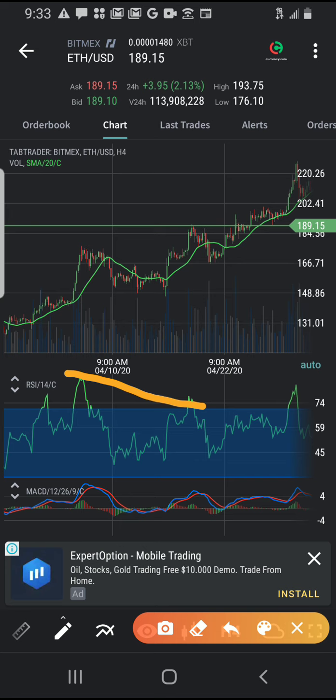But the price action, which is the chart, is making higher highs. This is the first high, this is the second high, which is saying higher high.